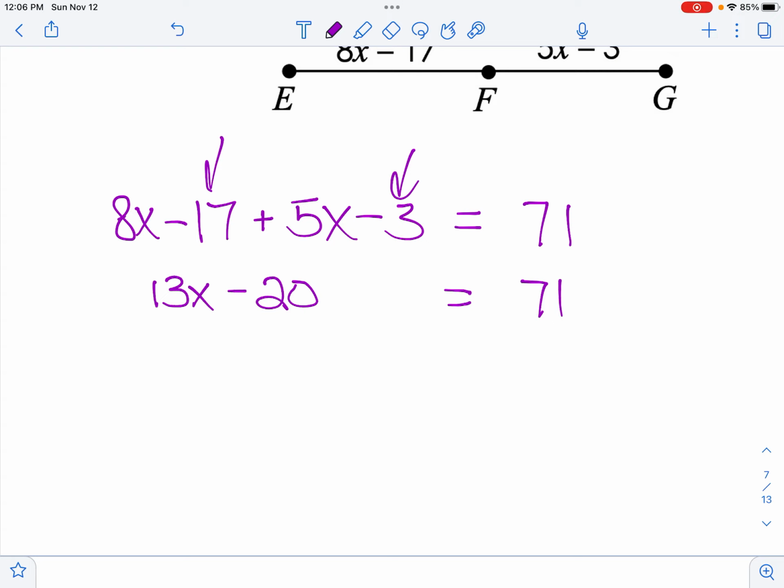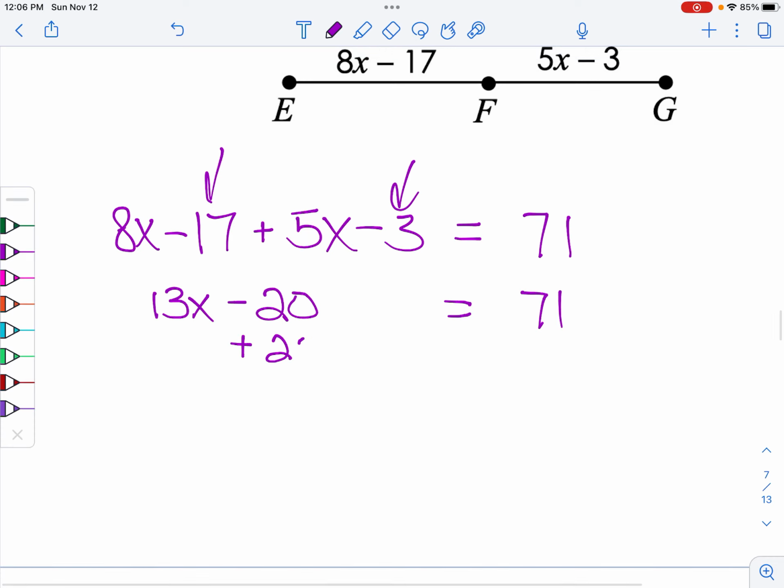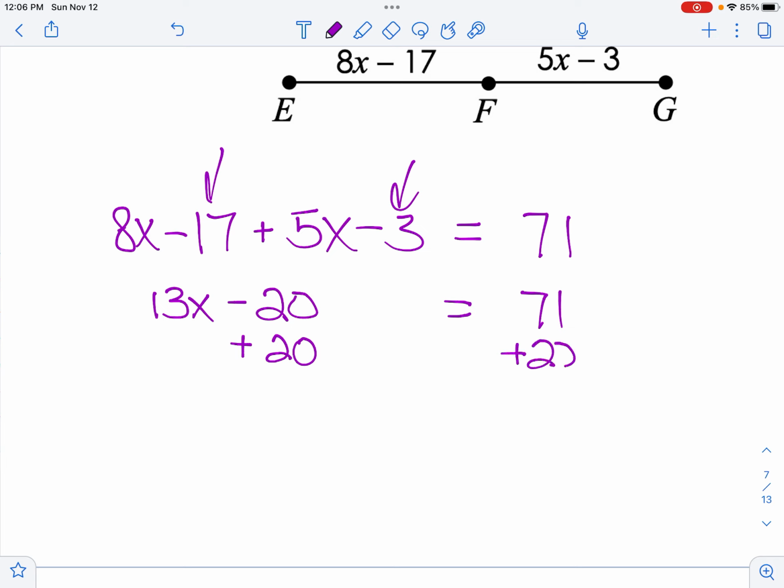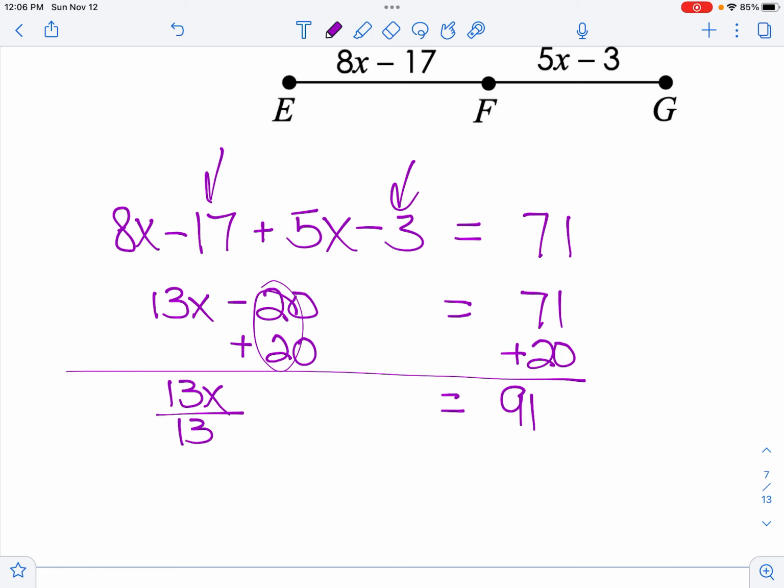So now I can just do a little bit of solving equations here. Add 20 to both sides. I get 13x equals 91. And then I want to divide by 13 on both sides. Okay, 91 divided by 13 is 7.